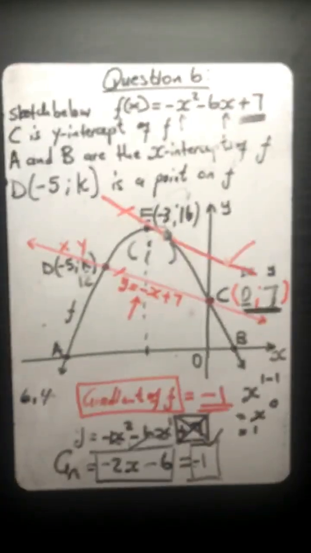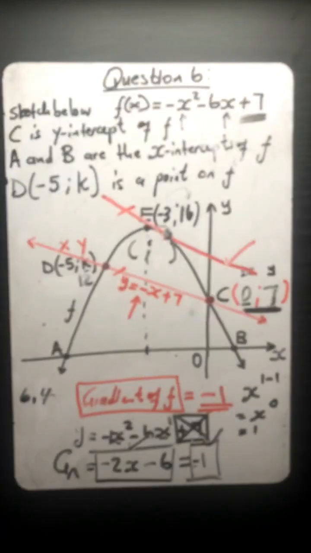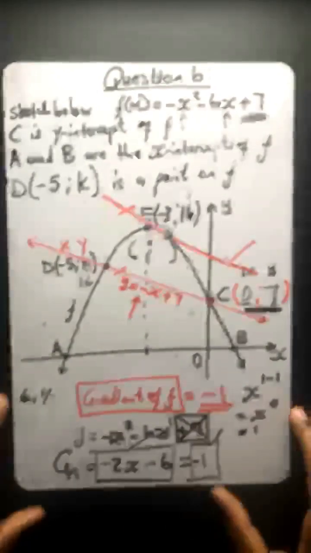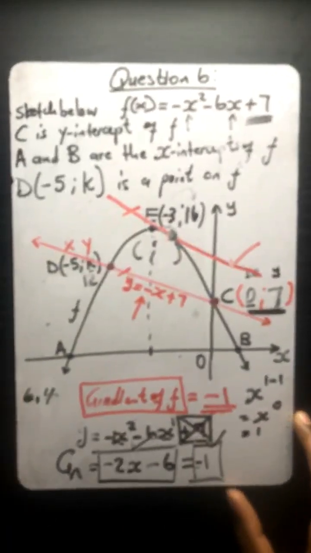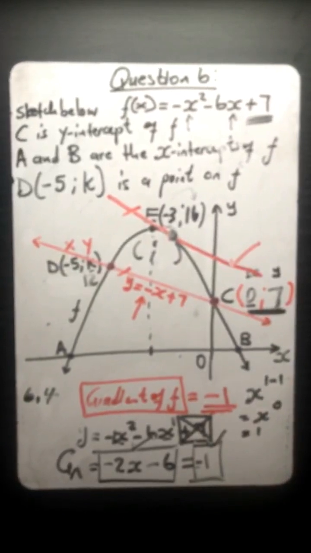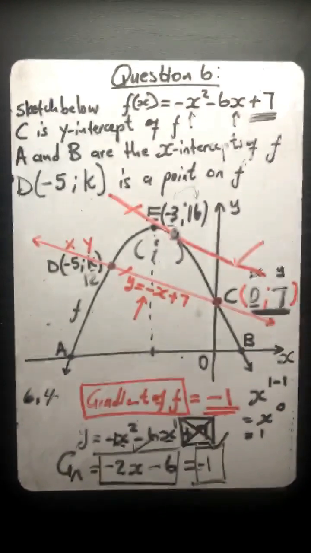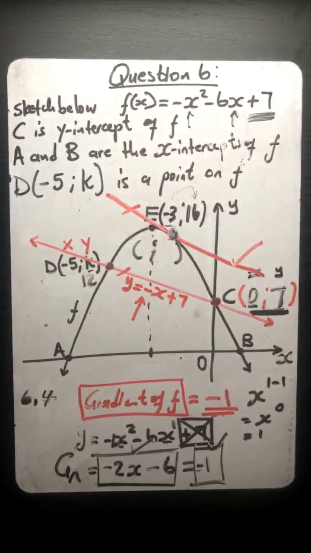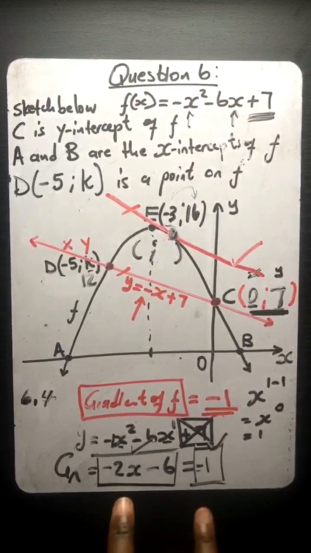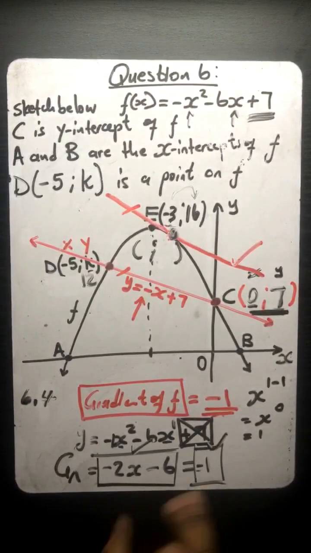Let me do these. But remember, you are having negative 2x minus 6, which is equal to negative 1. I'm not sure if you are now able to see. Can you see, or is it blurry? Yeah, I think I can now see, thank you. It's perfect. So this is what you are working out.